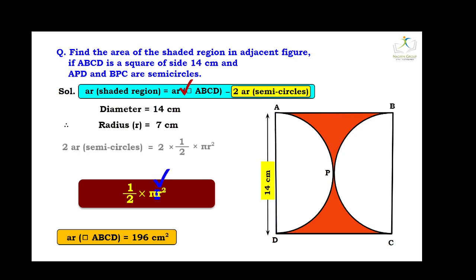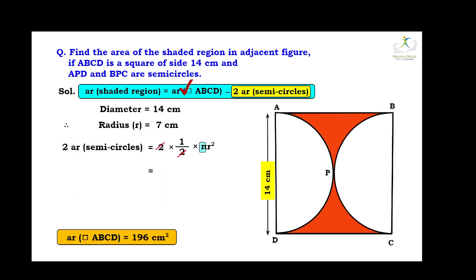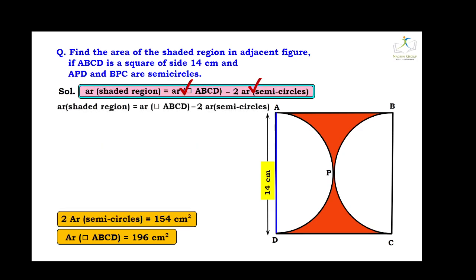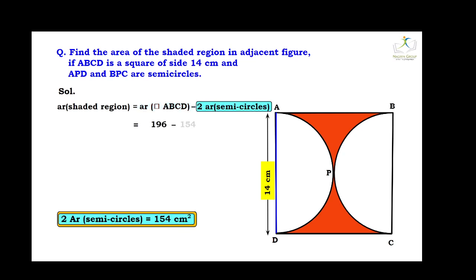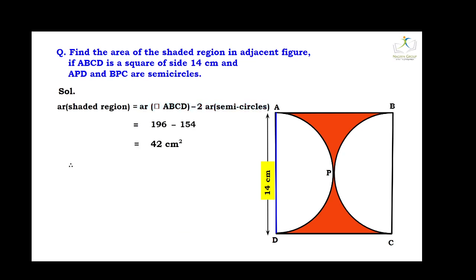So 2 times the area of the semicircle is the area of the circle only. The radius is 7 because the diameter is 14. Half of that is 7. Through that we can find the area of the 2 semicircles, which is 154. If you subtract 154 from the area of the square, you get the remaining shaded region, 42 centimeter square.